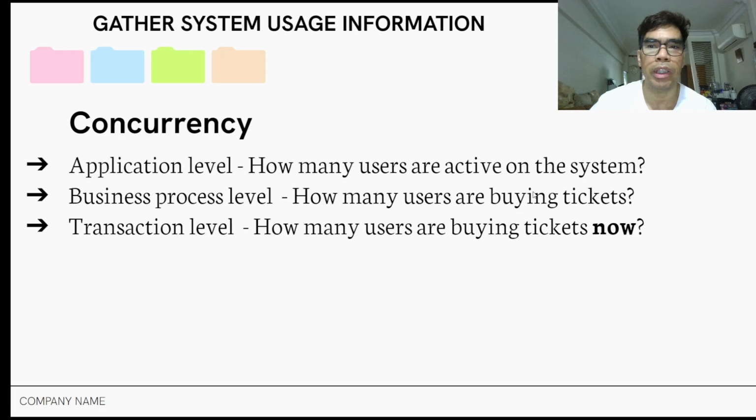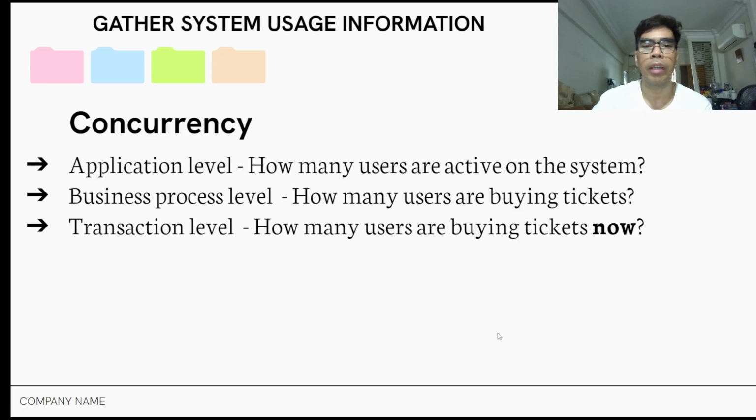Then business process level is how many users are buying tickets. They visit your website, then you need to check how many users are doing the same thing. For example, they're already on the ticketing site, on the selection of the date. So how many users are doing the same booking, selecting the date.